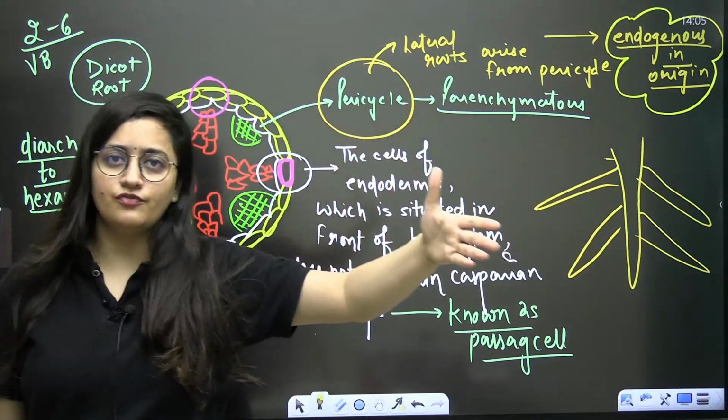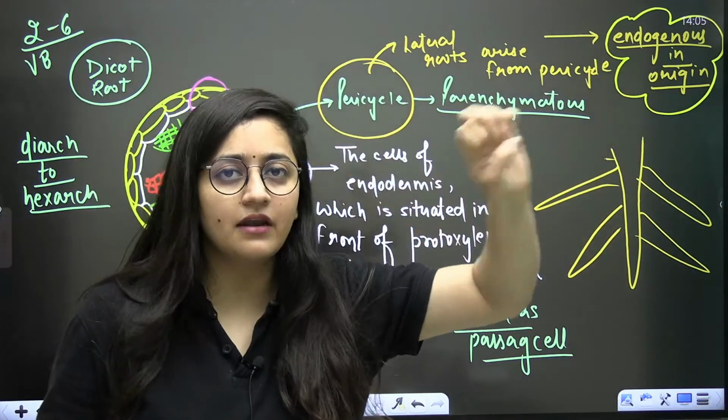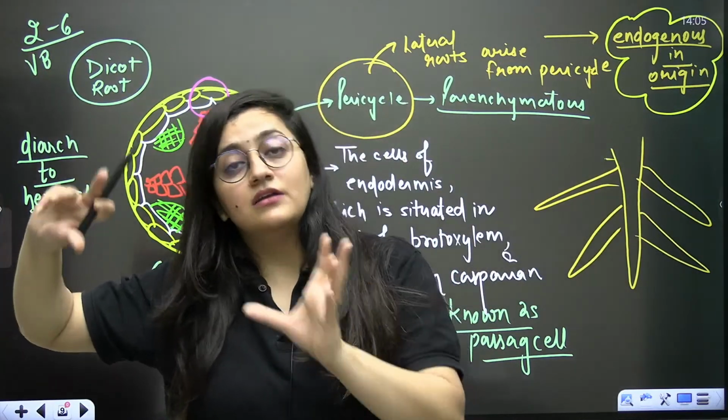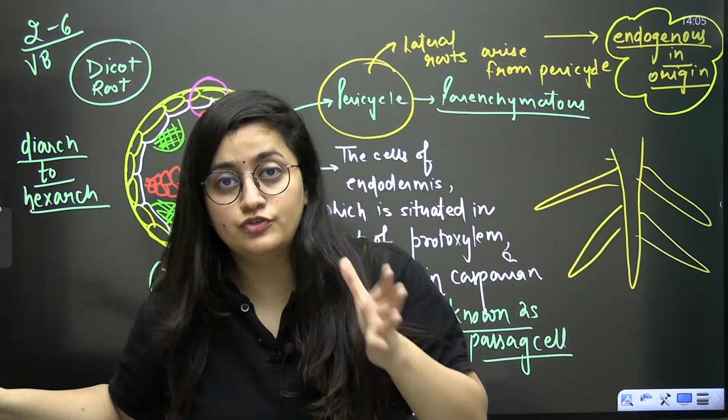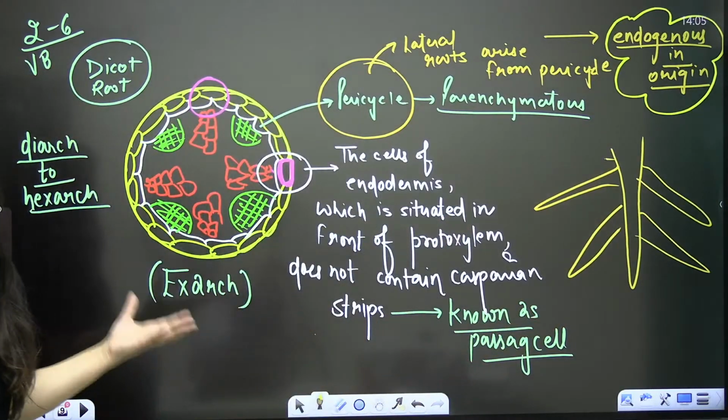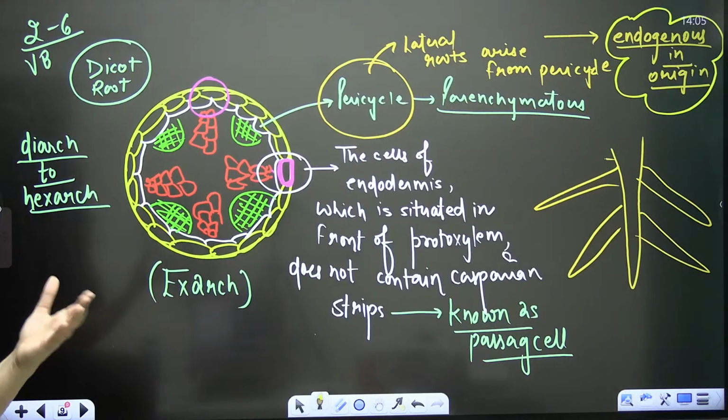That is why in roots, lateral branches are endogenous in origin. But in the stem, the lateral branches are exogenous in origin, meaning they are not arising from the pericycle. That is the point here.